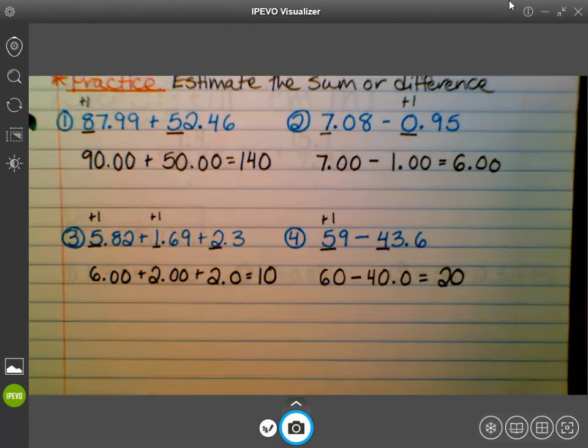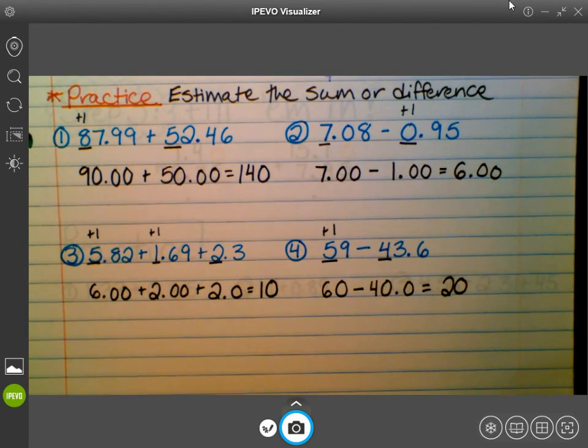Yep. All right. Close your eyes. You're going to tell me how you're feeling about this. When I say go, you're going to hold up a number 1 through 5 to tell me how you feel about estimating the sums and differences of decimals.